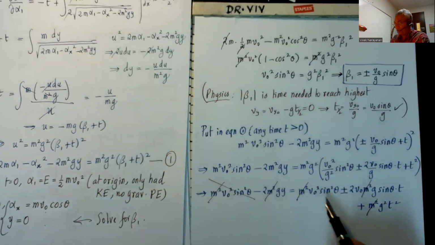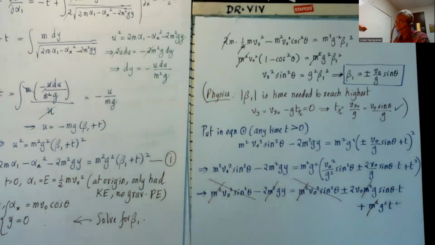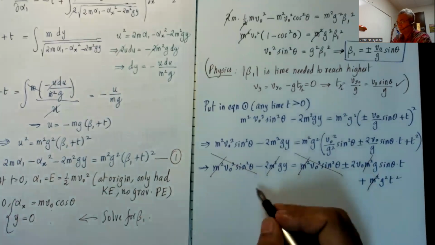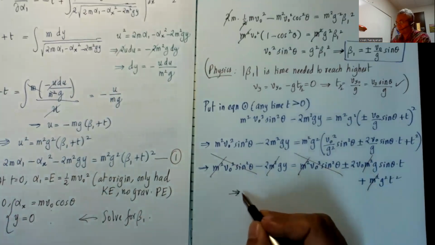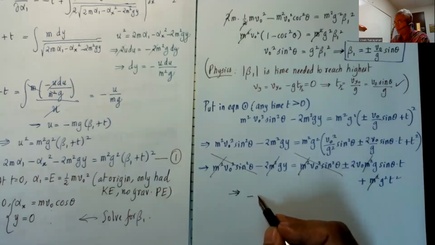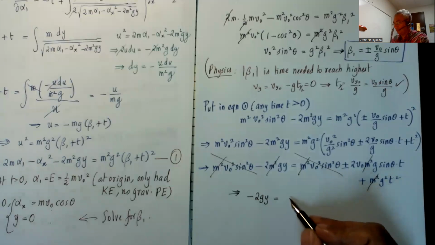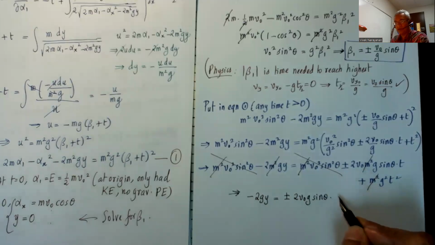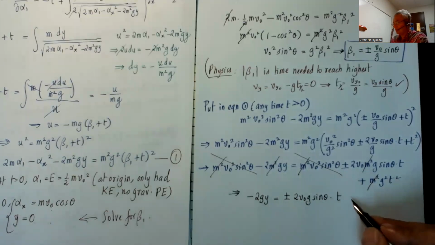V naught squared sine squared theta terms will cancel out. So let's see what we get now. This is looking more and more like what you know. Negative 2gy is equal to plus or minus 2 v naught g sine theta times t plus g squared t squared.